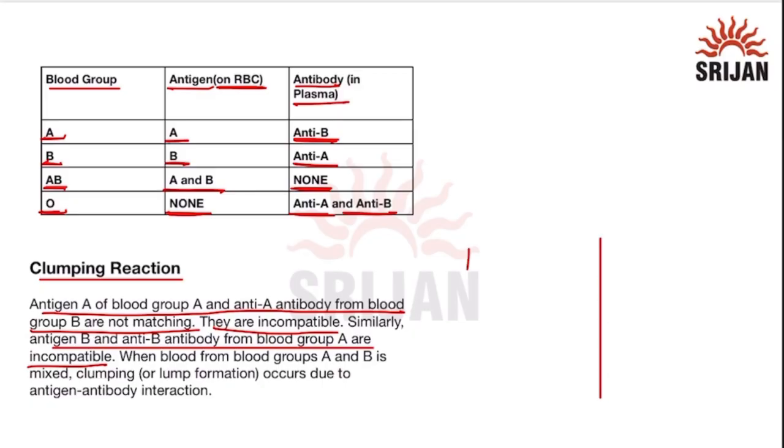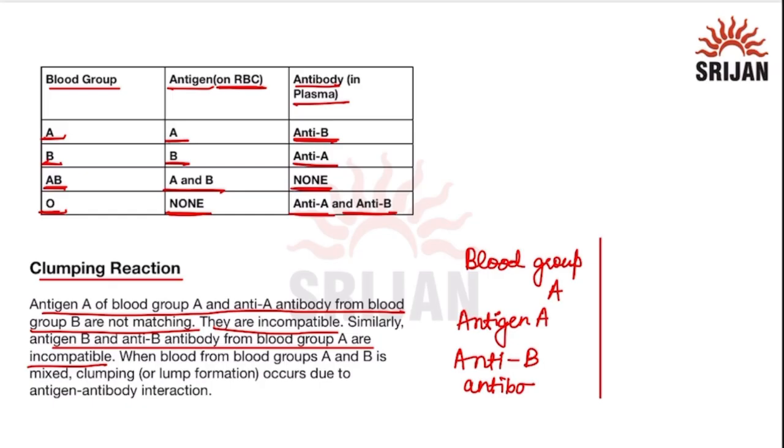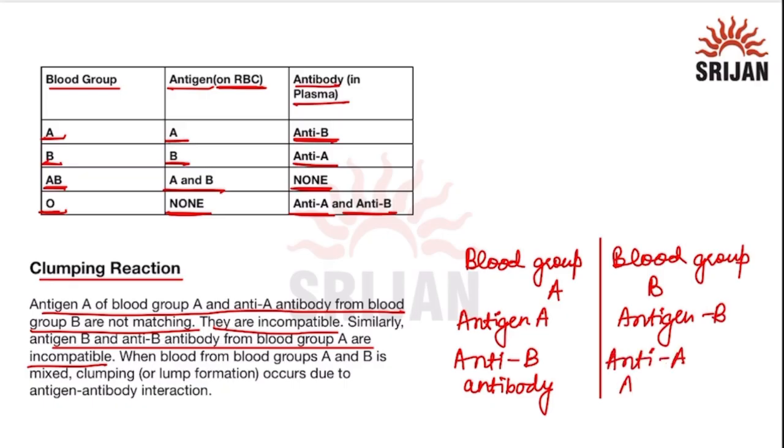If we take blood group A, the person will have antigen A present on RBC, and in blood plasma anti-B antibody will be present. And if we take blood group B, antigen B will be present on the RBC and anti-A antibody will be present in the blood plasma.